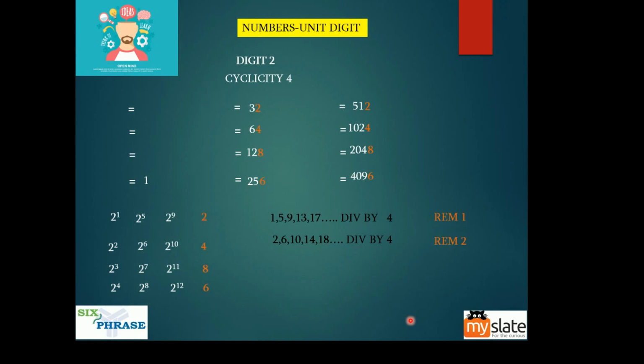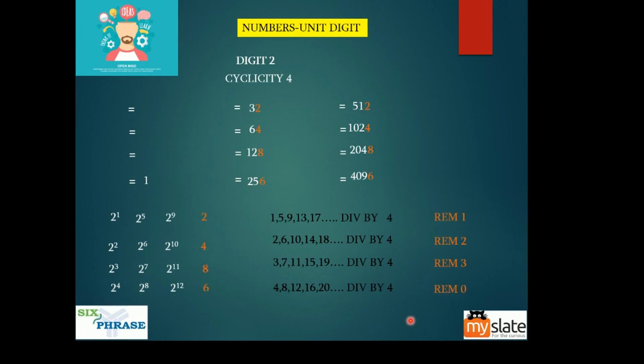The next set of numbers 3, 7, 11, 15, 19 divided by 4, you will get a remainder of 3. If the remainder is 3, 8 is the unit digit. 4, 8, 12, 16, 20 and so on divided by 4, you get a remainder of 0. If the remainder is 0, 6 is the unit digit.